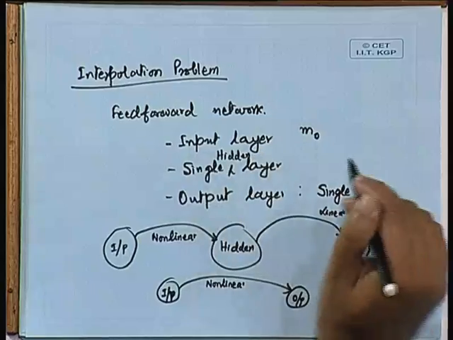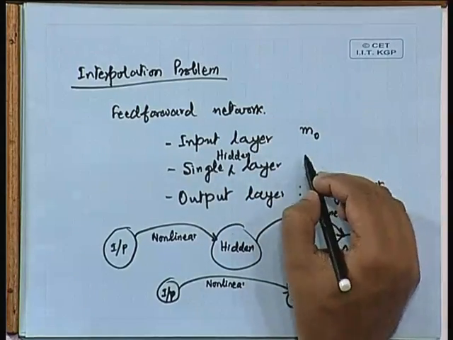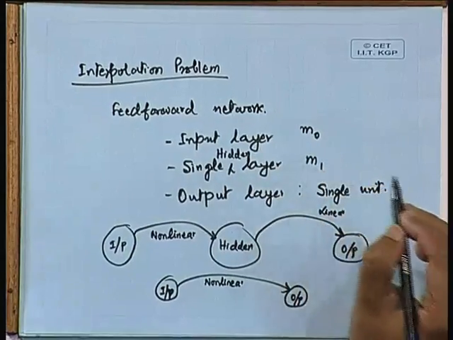Please note that it is a single hidden layer, and this hidden layer has M1 neurons. So, its dimensionality is M1. What essentially means is that from the M0 dimensional input space, we are mapping into the output, which is a single unit. That means the output dimension is simply 1.